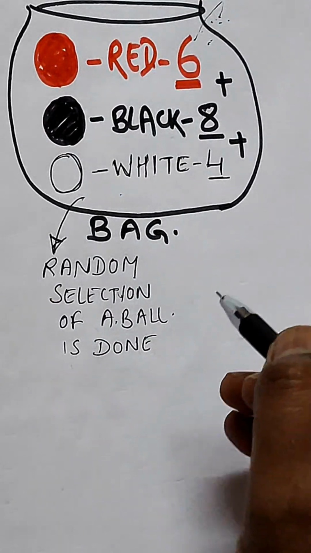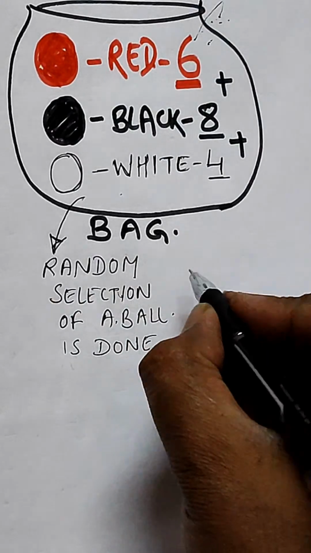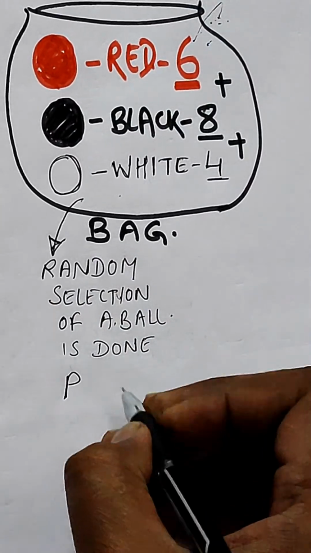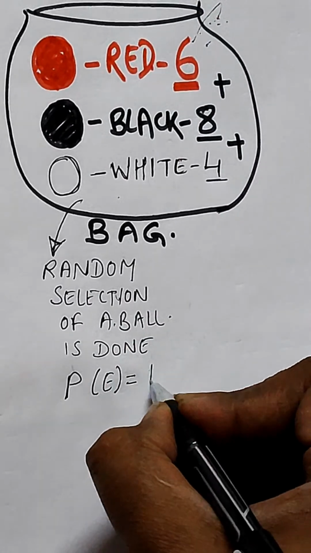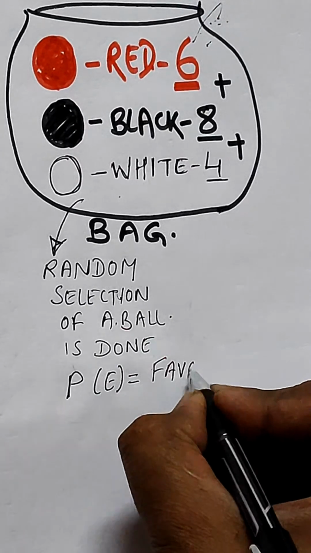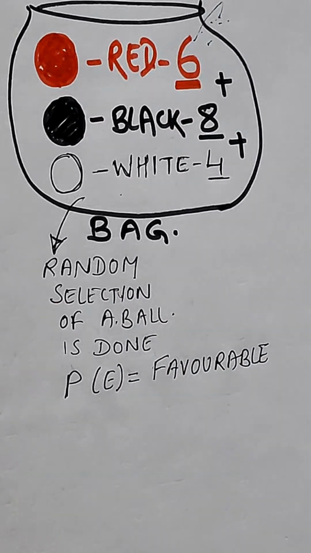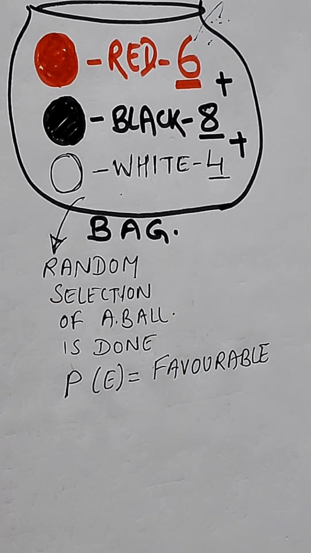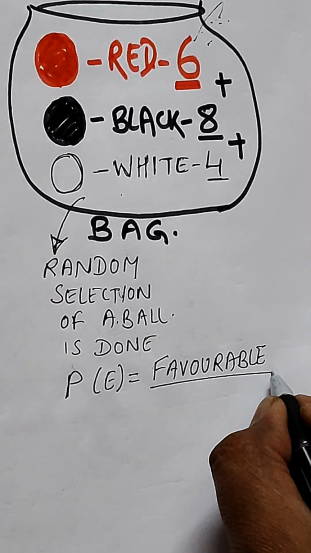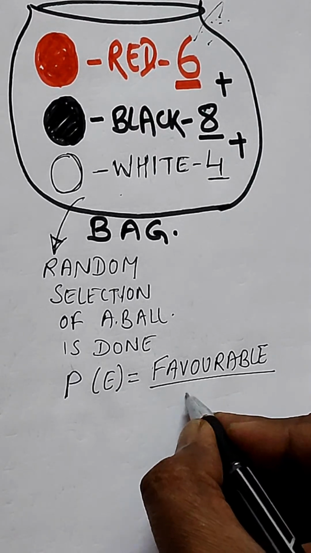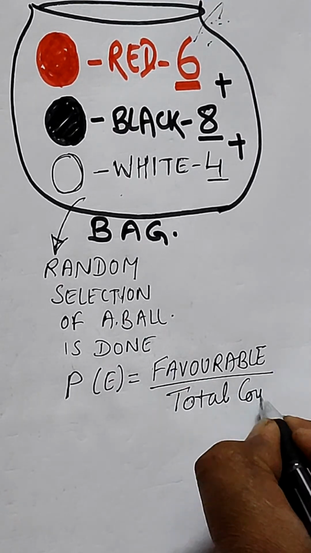First of all, the probability of any event is calculated as the favorable count of the event divided by the total count of the event.